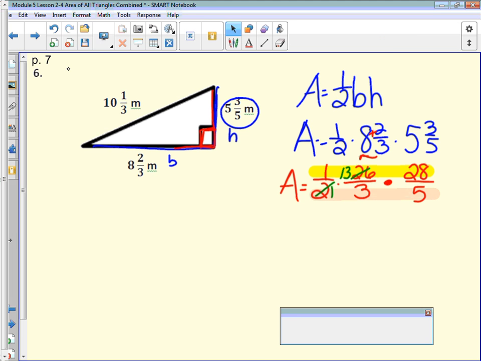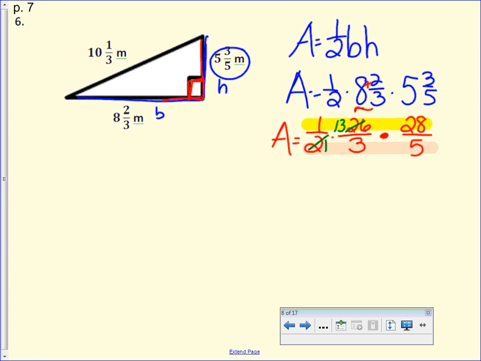Now I said on the do now that you could take out your calculators. My denominators, I know 1 times 3 is 3, times 5 is 15. But for my numerator, what is 13 times 28? What's 13 times 28? 364.